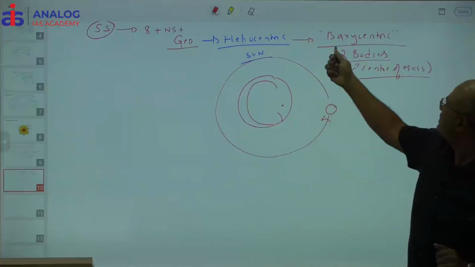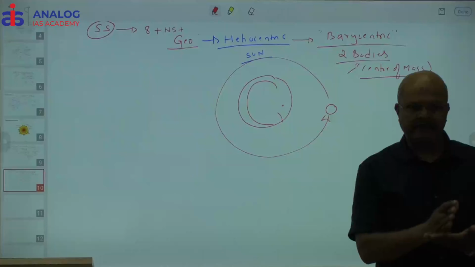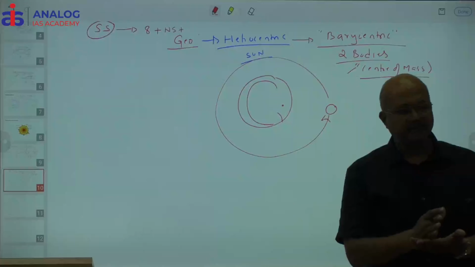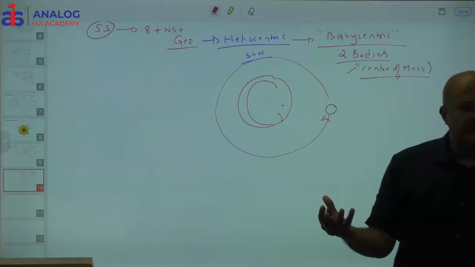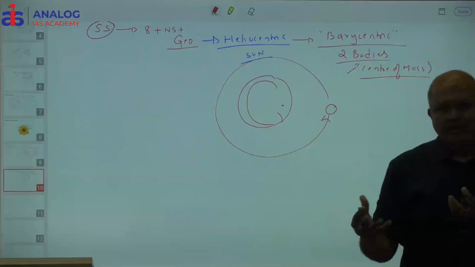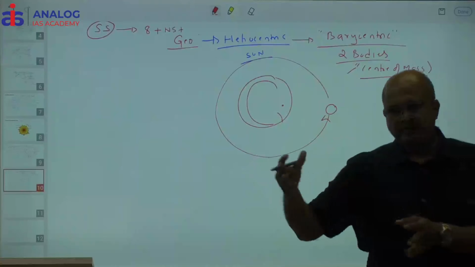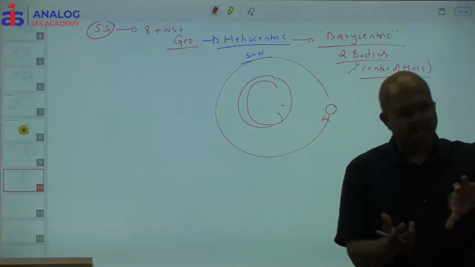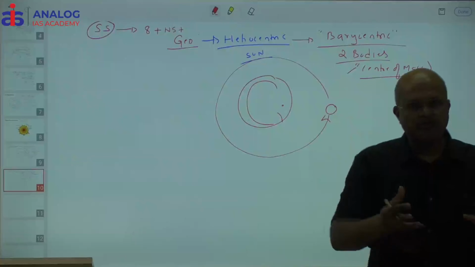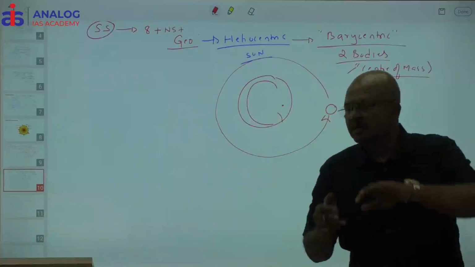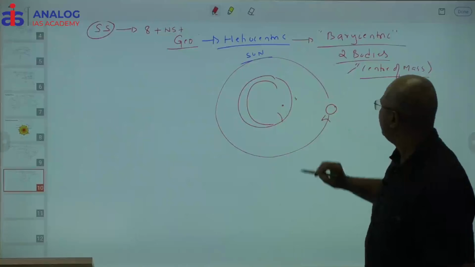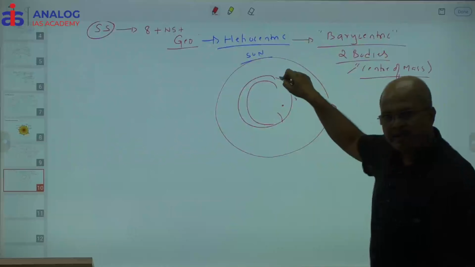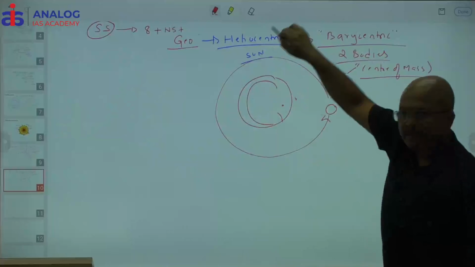If something comes about the barycenter, mark it: for any two objects, all the planets. Mercury is still smaller, so the barycenter is there. The sun will also revolve here, and the planets revolve around it.